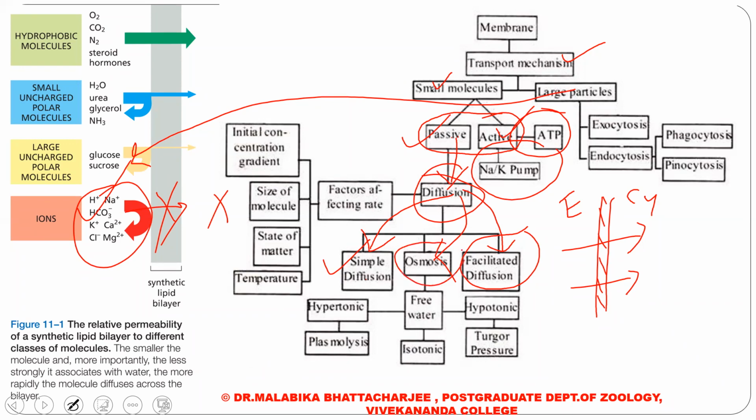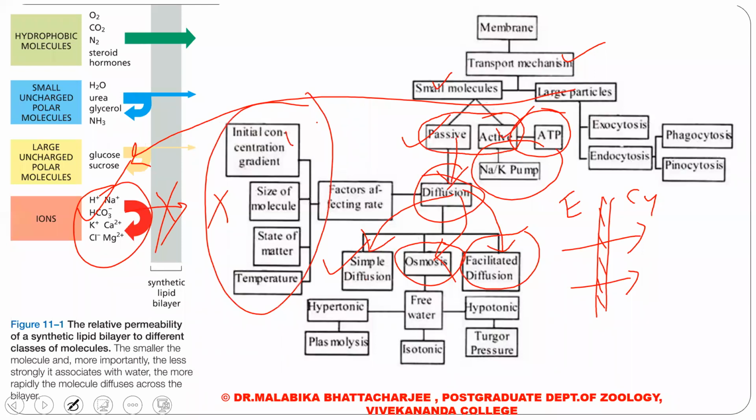And we discussed osmosis. Osmosis is the movement of water molecules from a higher concentration to a lower concentration. Now, when we talked about diffusion, I would like to highlight lastly these four factors.